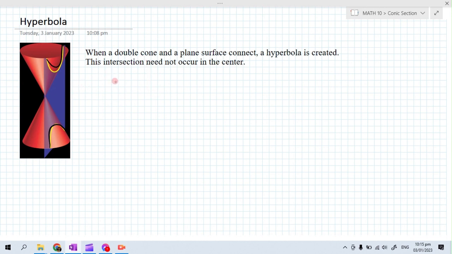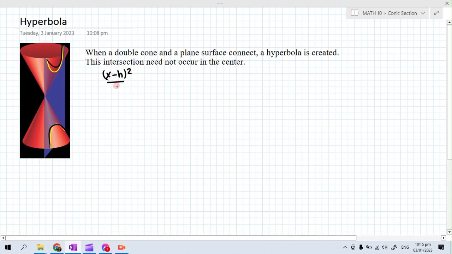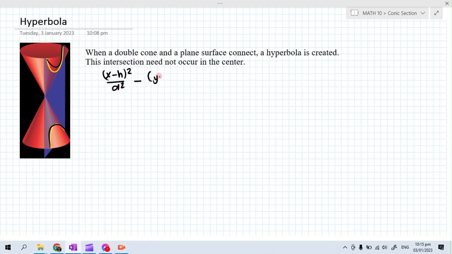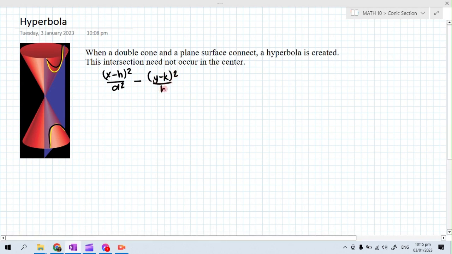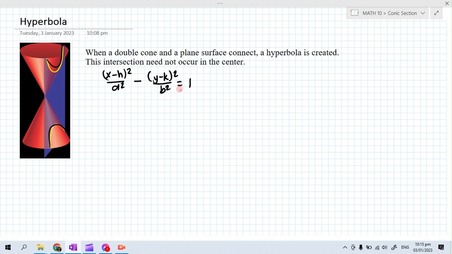First we have (x minus h) squared over a squared minus (y minus k) squared over b squared equals 1. As you have noticed, the equation of the hyperbola is similar to an ellipse. However, instead of plus, the operation we use is subtraction.